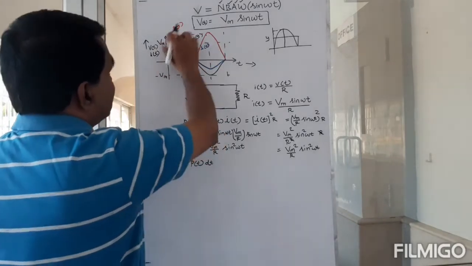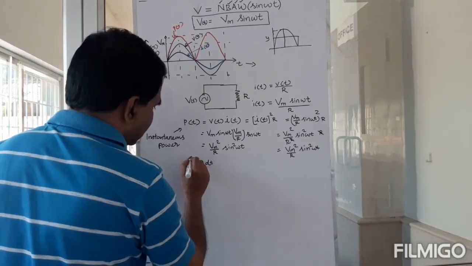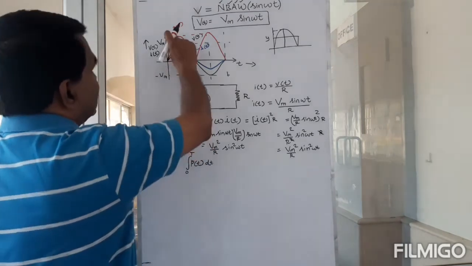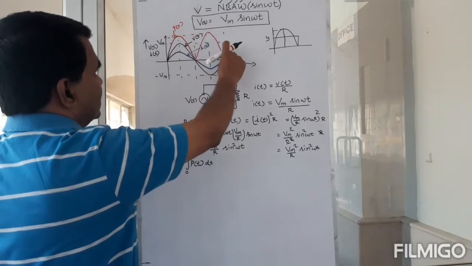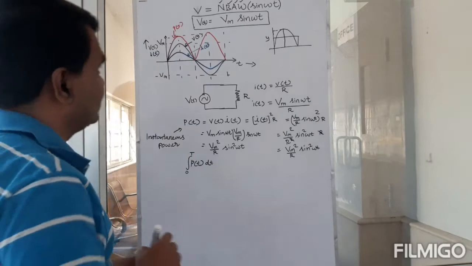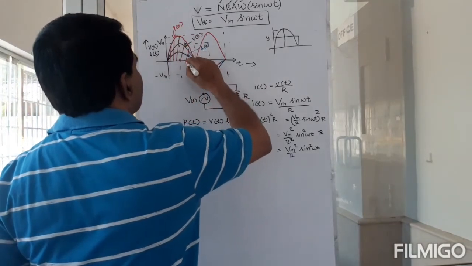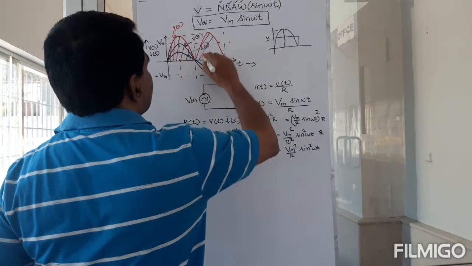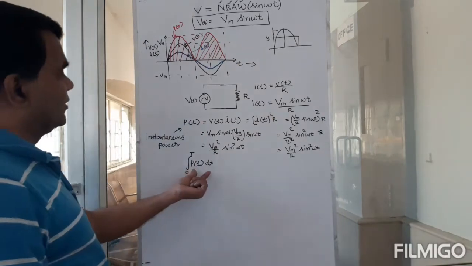So that will give me the area from 0 to T. If I take this graph and integrate it from here to here, then I'll get this area.